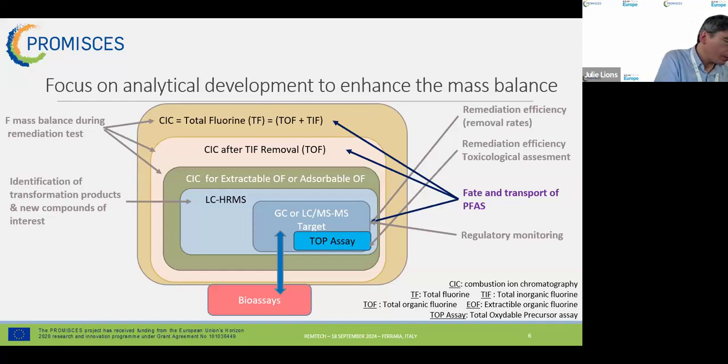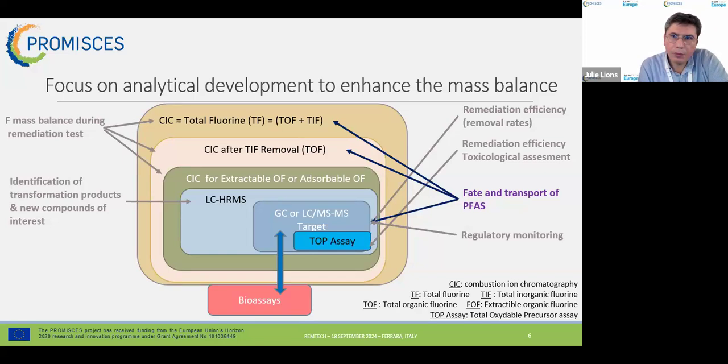Then we have also the LC-HRMS, also named as non-target screening. And this is very useful to identify transformation products and new compounds of interest. Then if we go down, we have the targeted analysis on a selected number of compounds. For this, we have 2 kinds of equipment, the GC-MS and the LC-MS.